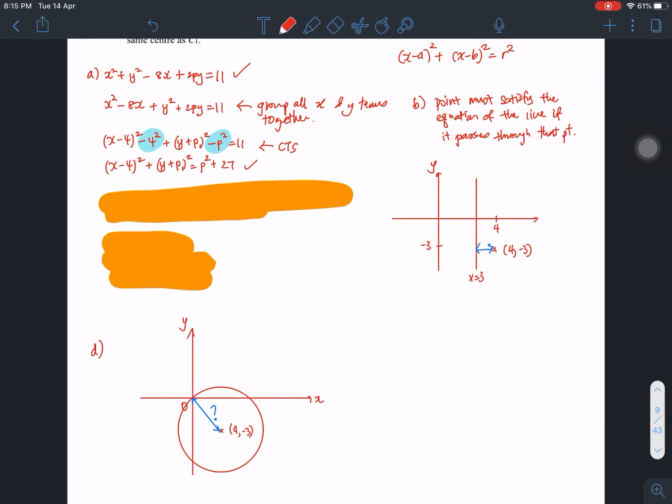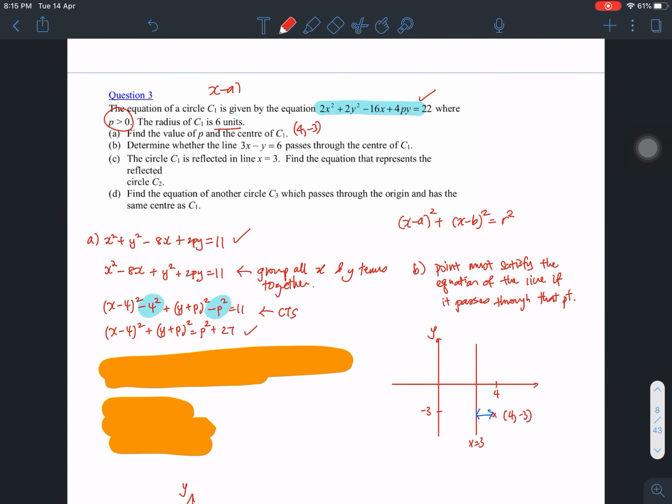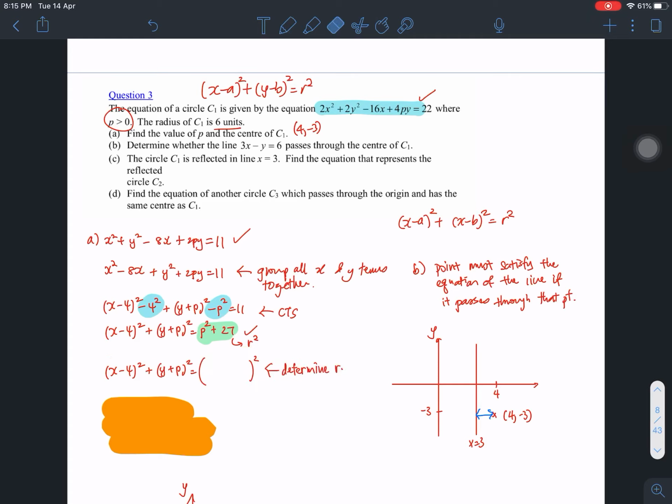So we are almost done. Recall the general form of the circle is given by (x minus a) squared plus (y minus b) squared equals r squared. In this case, your p squared plus 27 is actually equal to r squared. This is r squared, but I want r. So what should I do? In order to have r, I have to determine the square root.